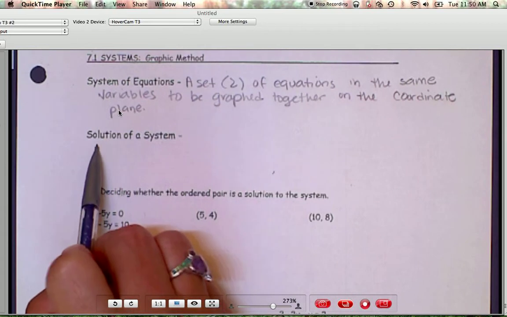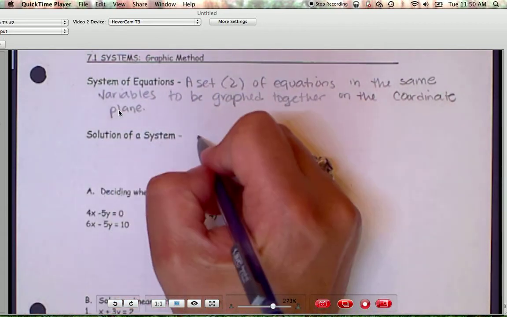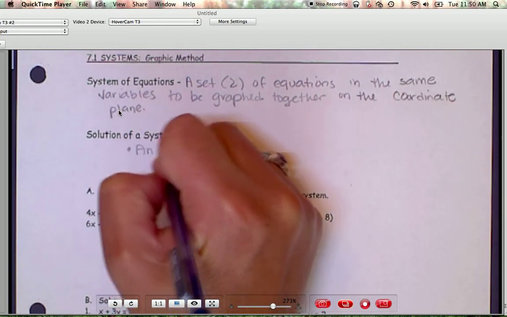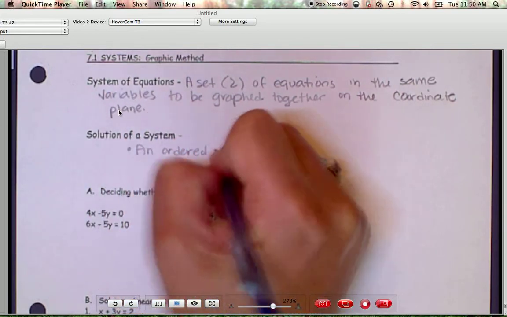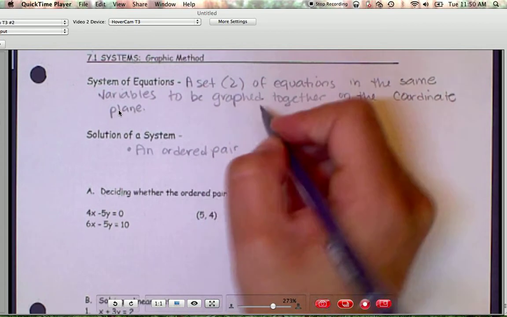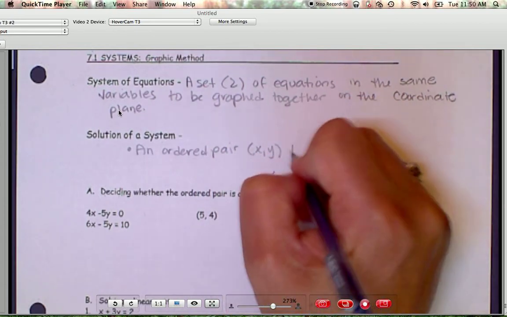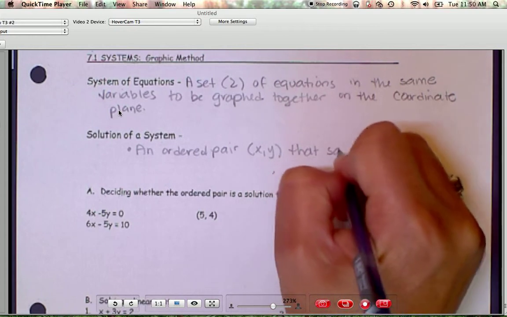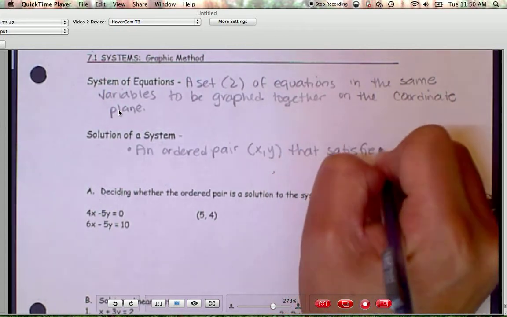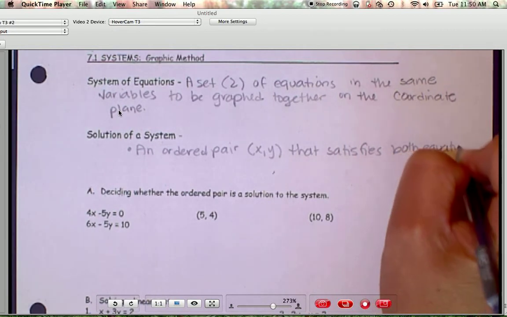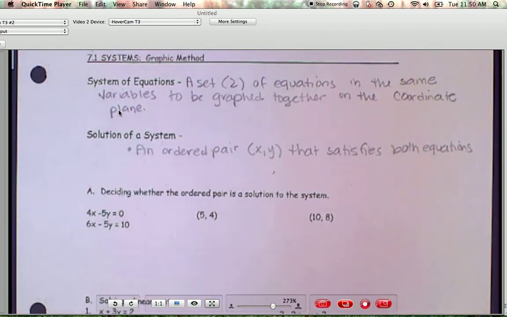But the solution of a system is simply an ordered pair, which is just a point, x, y, that satisfies both equations. So it has to work for both equations for it to be a solution of the system.